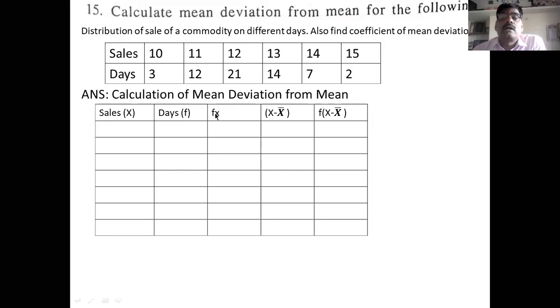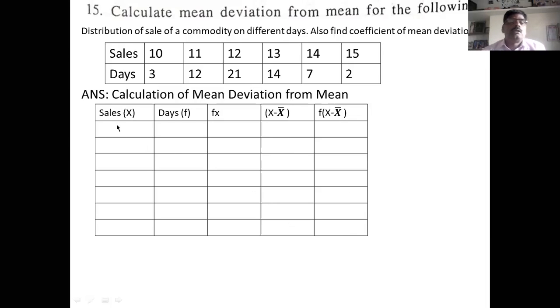Second equation given for grouped data. Then x minus x bar is required for difference calculation. Then you multiply the f into x minus x bar, means difference. Then complete the table, apply the equation, solve the problem.